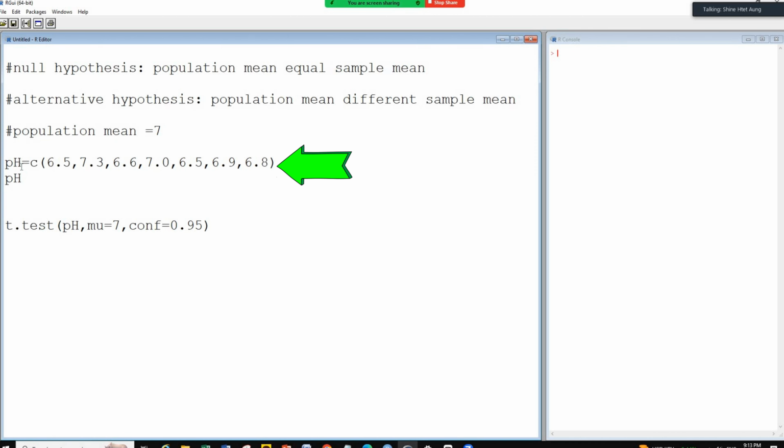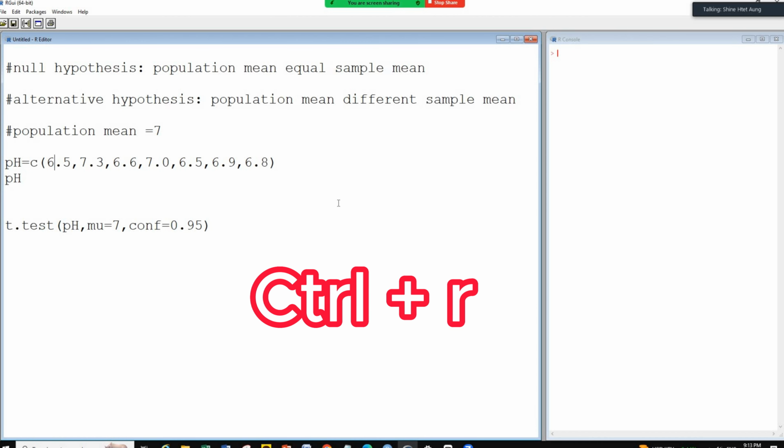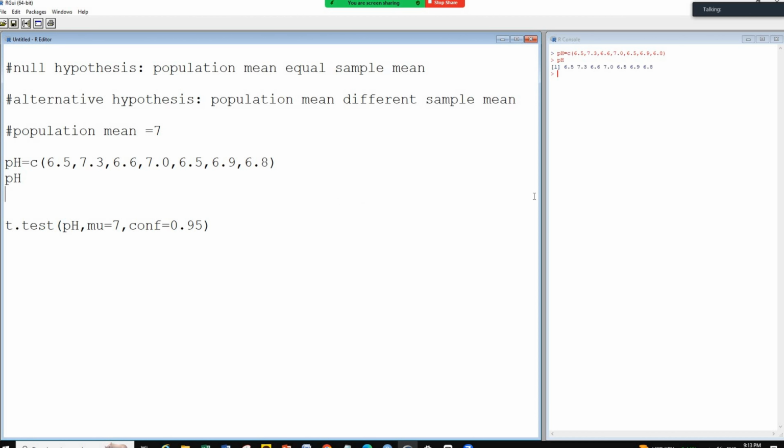I will send it to the console with Control R. The collected data is 6.5, 7.3, 6.6, 7.0, 6.5, 6.9, 6.8. This is the sample size and sample data, for the sample mean.